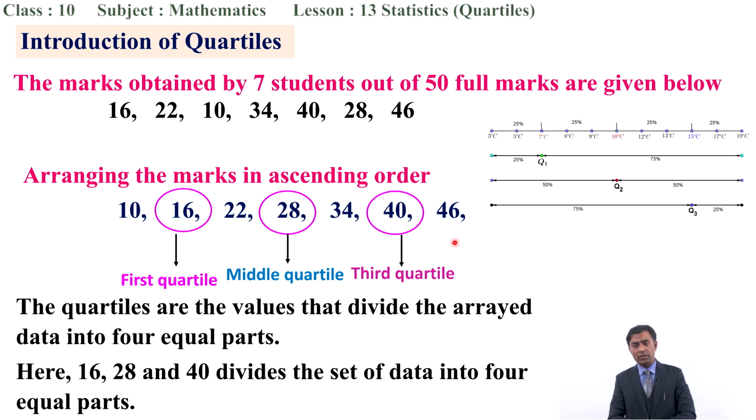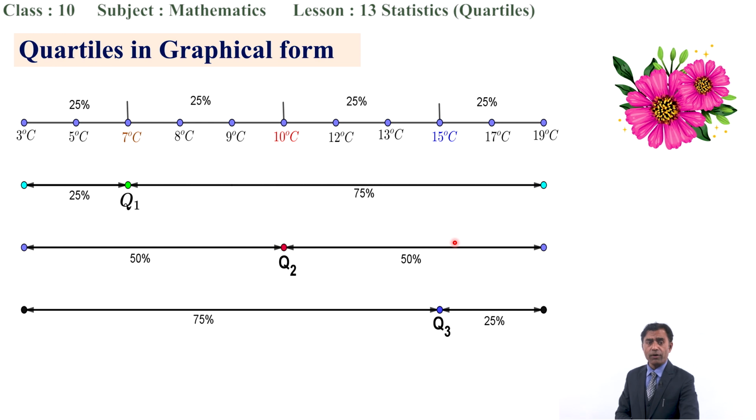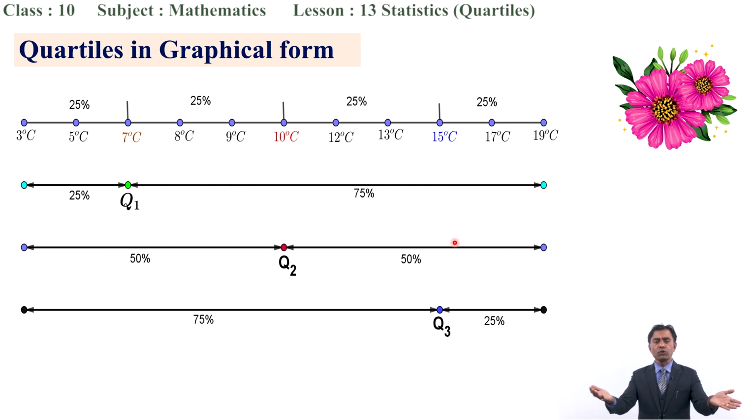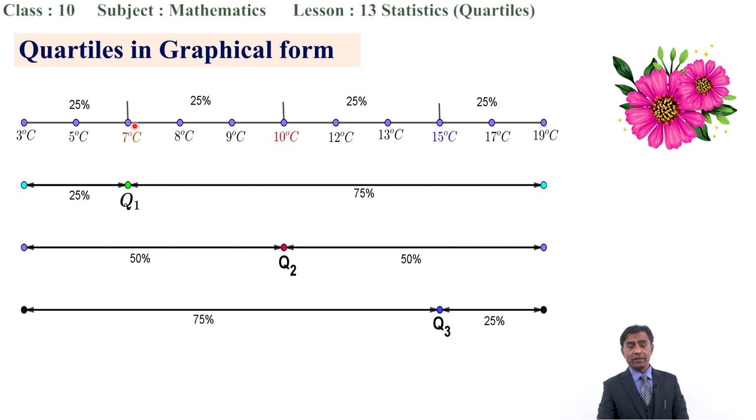So after this, look at this picture. Here is mentioned, in graphical form, quartiles in graphical form. What does Q1 represent? What does Q2 represent? And what does Q3 represent? Look here. Here is given a temperature, 3 degrees Celsius, 5 degrees Celsius, 7 degrees Celsius, 8 degrees, and so on till 19 degrees Celsius.